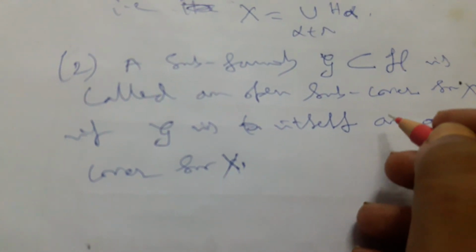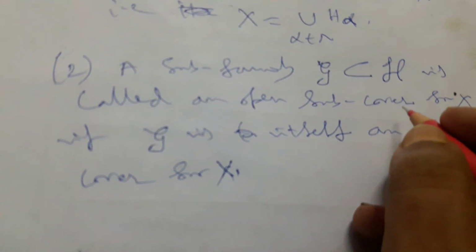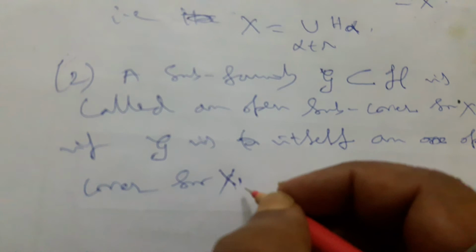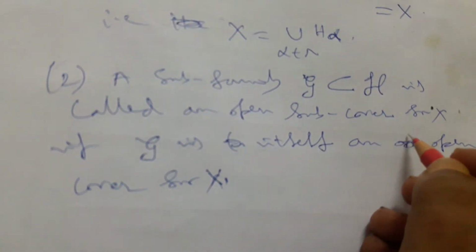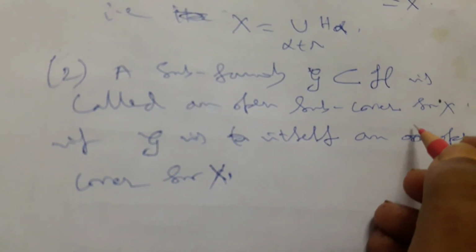It is our simple notation 1, 2, 3, 4, like this, all covered. Already I explained everything, and this is the idea of open subcover.